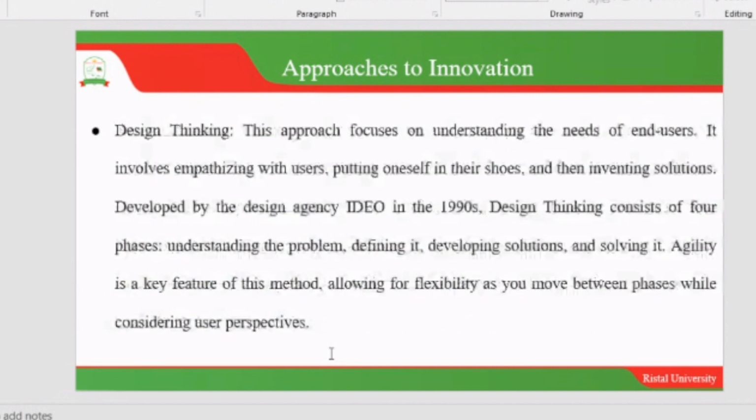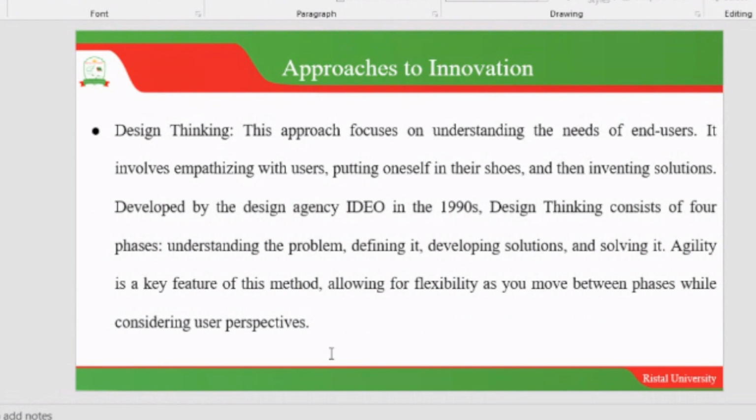so that we can leverage that expertise from the private sector to have a better innovative culture. So other approaches include design thinking, like we had looked at last night, where we said that this approach focuses on understanding the needs of end users by empathizing with users, or putting on the user's shoes, okay, to understand the real needs of these users and then inventing the solutions tailored to those needs, okay.